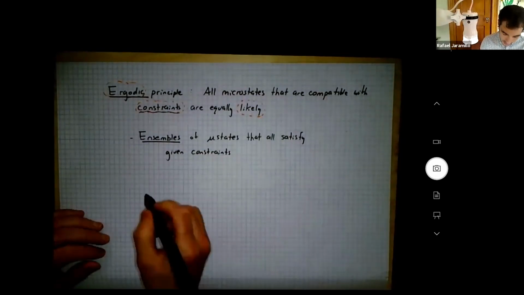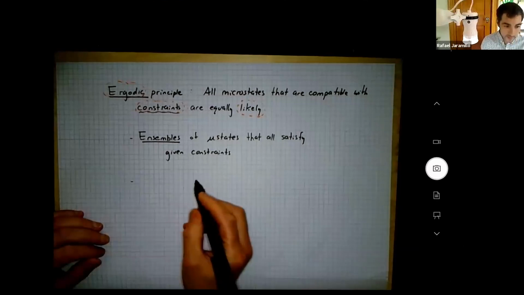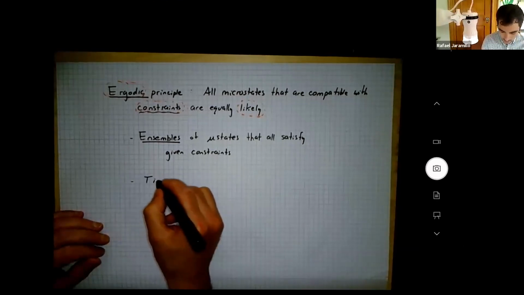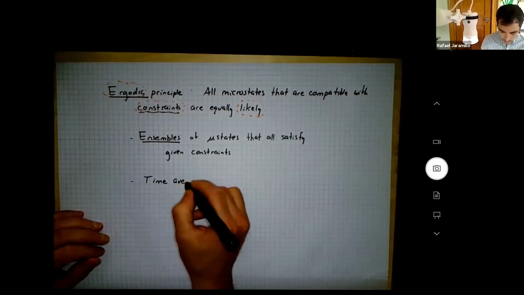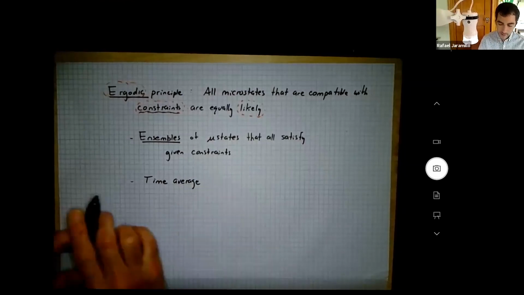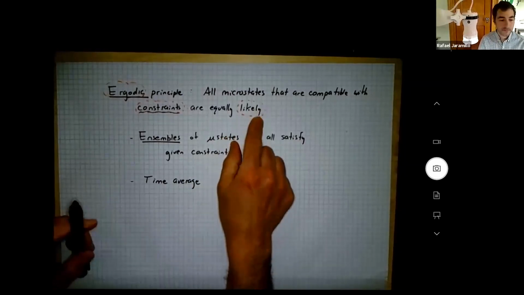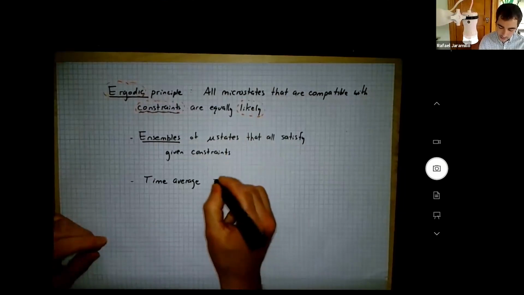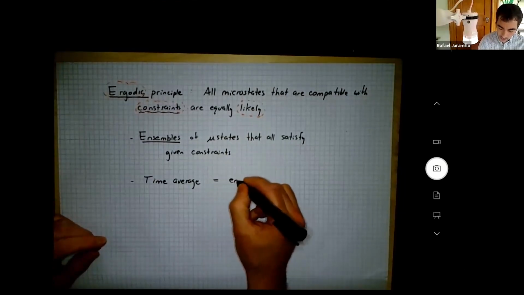And here is something a little bit profound. A corollary of this is that time averaging is the same thing as ensemble averaging.